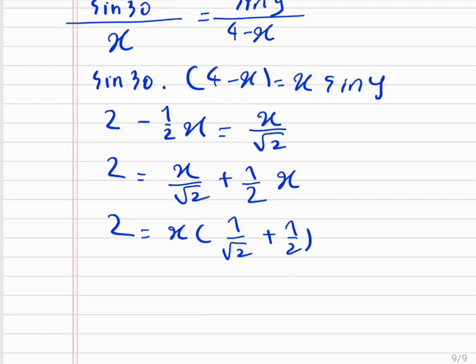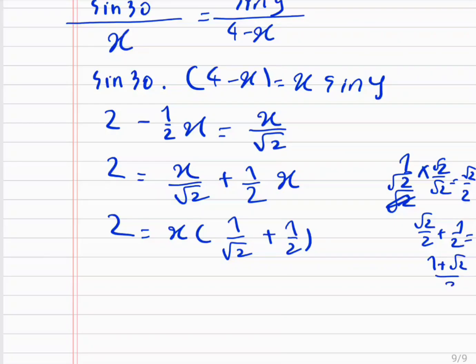Actually, let's see if we can simplify this first before dividing. We know that 1 over root 2, when we rationalize it, we get root 2 over 2. So root 2 over 2 plus a half simply gives us 1 plus root 2 over 2.